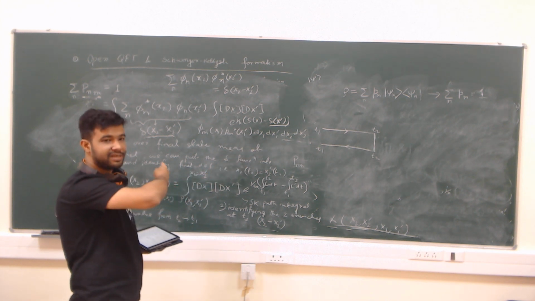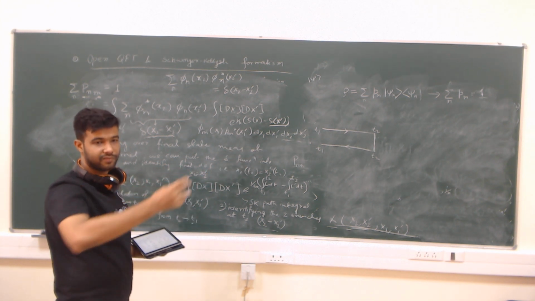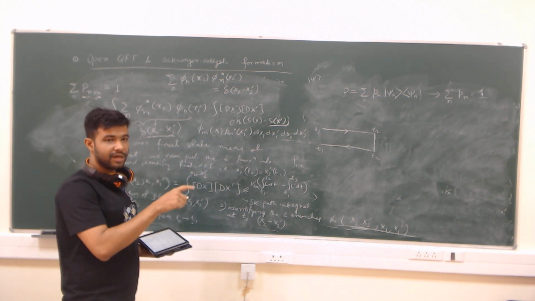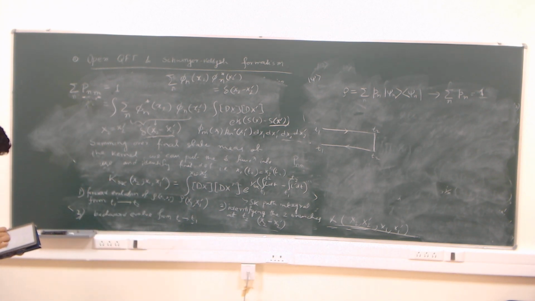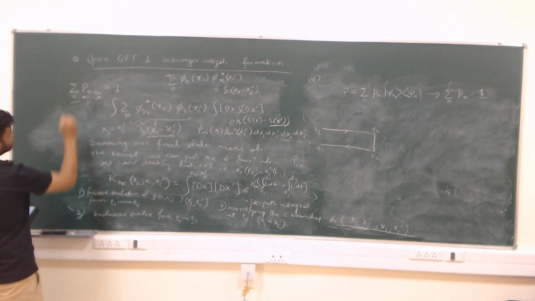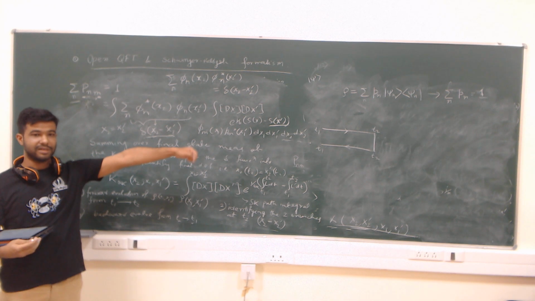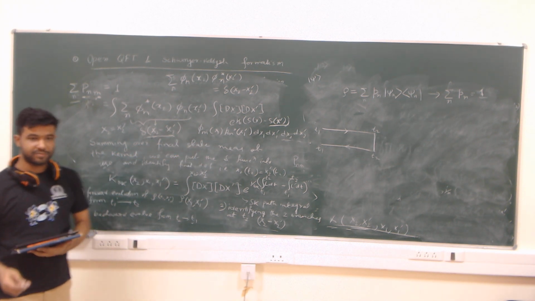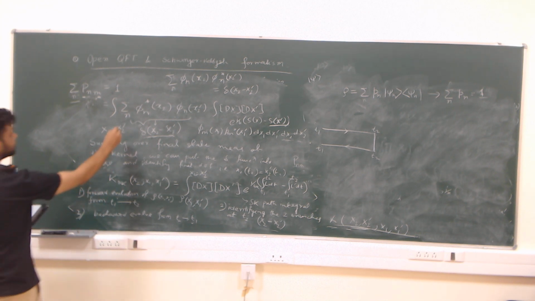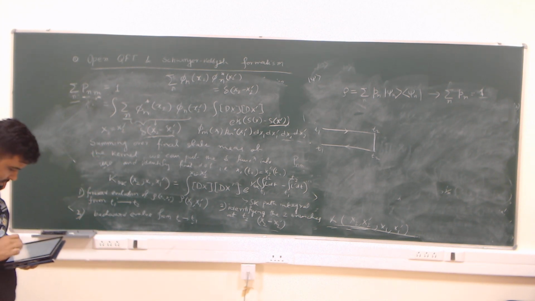So I have to take those elements out and write it in terms of whatever. This sum over n is equivalent to, for example, tracing over the x2 degrees of freedom, all possible x2 degrees of freedom, along with all possible possibilities.